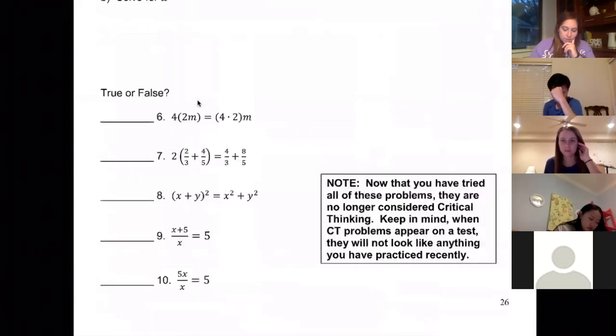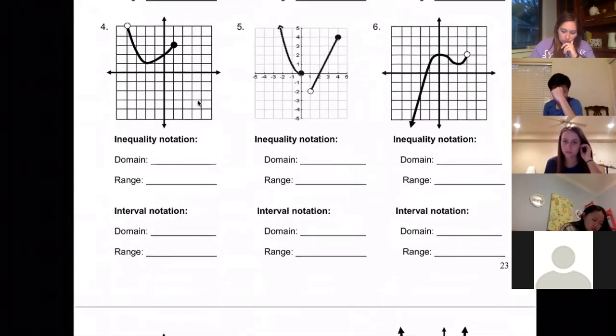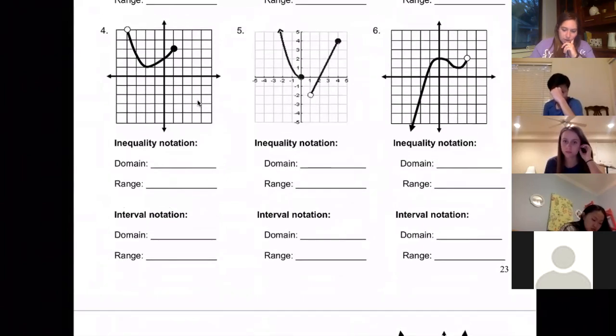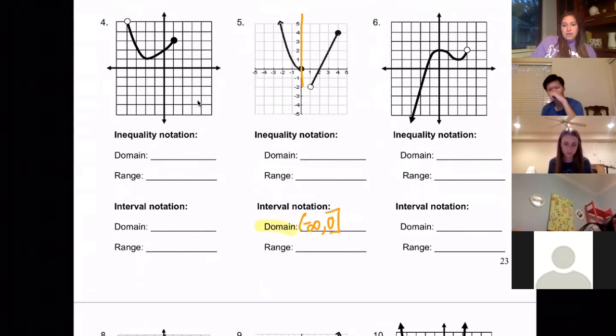Let me go back up to 1.4 and do one here. So like number 5 on the 1.4 homework, if I were doing the domain and I wanted to write it in interval notation, it would be parenthesis negative infinity, and then it would stop at 0, and there would be a bracket.